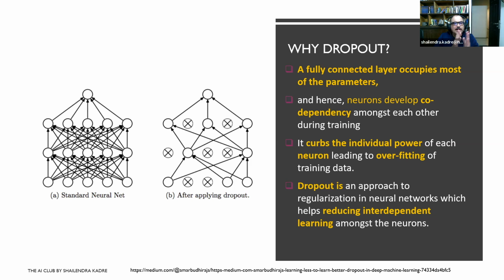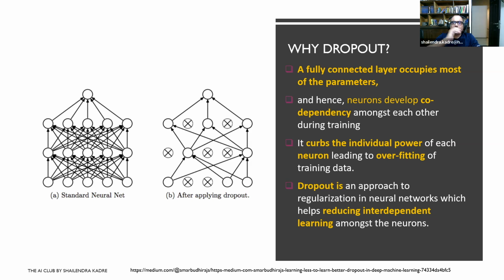So suppose there is an interdependency between a particular cluster of neurons, which is formed during the training in a fully connected model. And if I switch off certain neurons randomly out of that cluster, that interdependency will be removed, right? And the remaining neurons will tend to learn more independently.